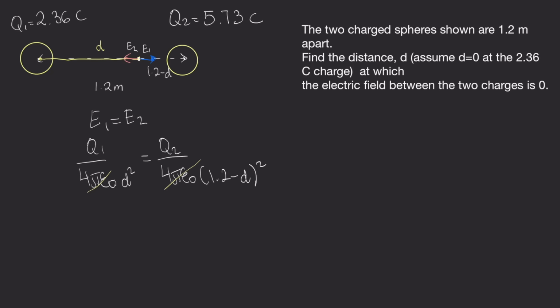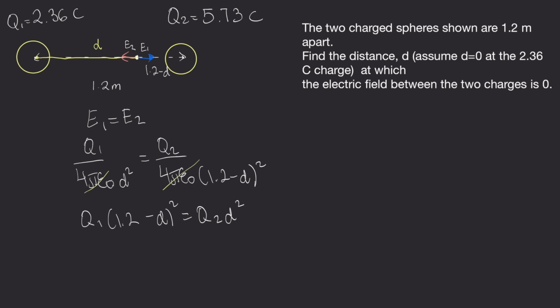And what we want to do is isolate the distances on one side. Okay, so let's just do a bit of rearranging and see what we get. I'm going to say that Q1 multiplied by 1.2 take away d, all of it squared, is going to be equal to Q2 multiplied by d squared.